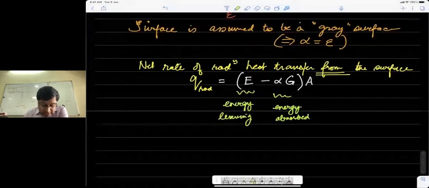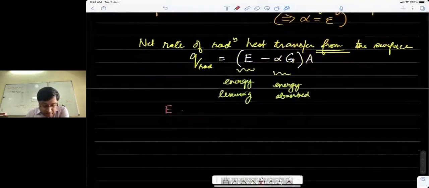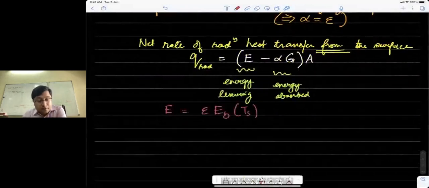Now remember, what is E? E is the energy emitted, which should be epsilon times the energy emitted by a black body at the same temperature. So that is epsilon sigma Ts to the power 4. For a real surface, we will have emission which would be slightly lower than what a black body emits. And what is G?